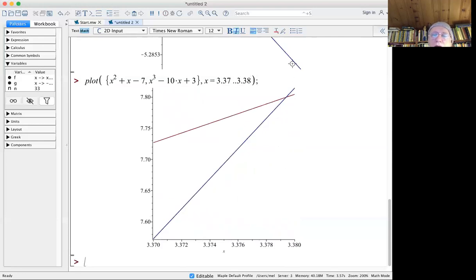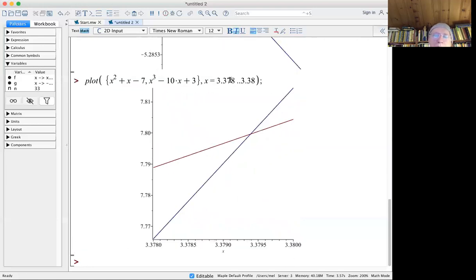All right, so there we are. So this point is 3.379 something.